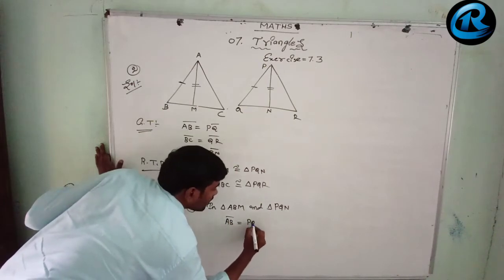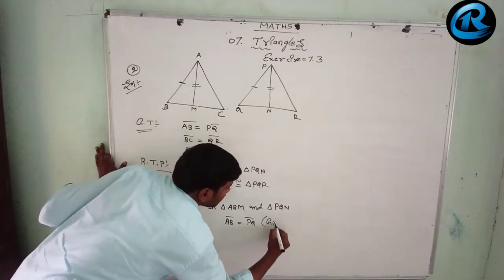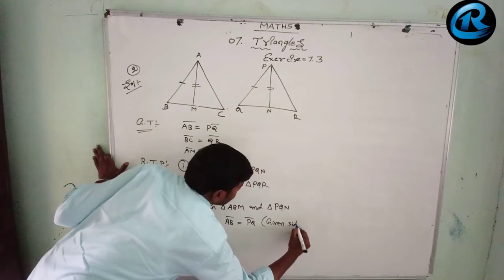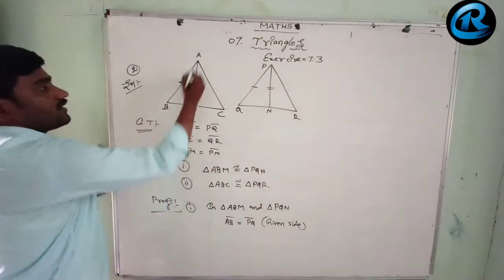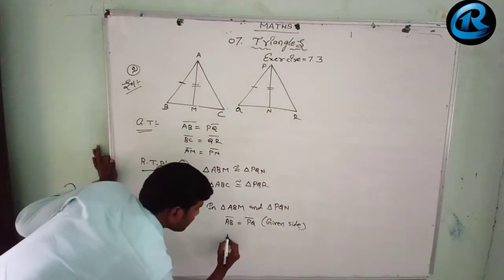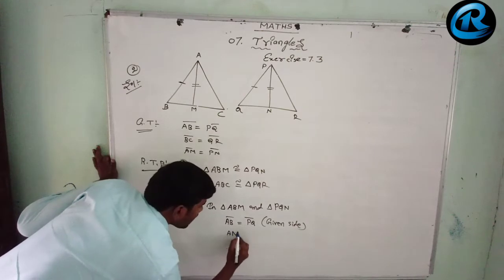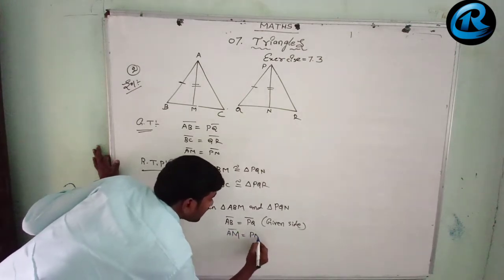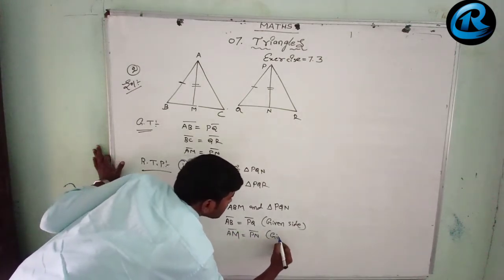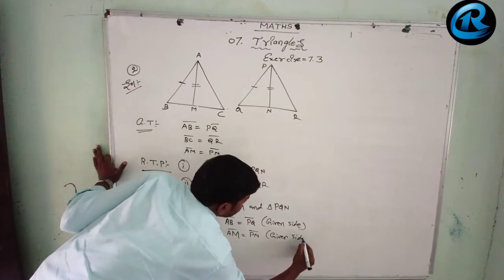AB equal to PQ side, this is a given side. Then here AM equal to PN, it is also a given side.